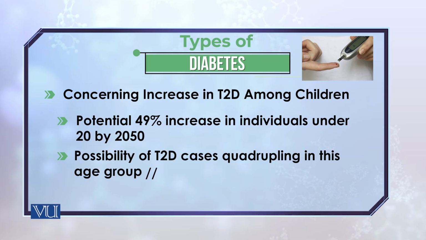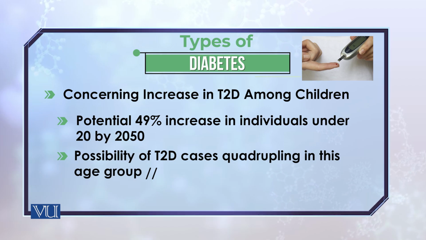A 49% increase has taken place under the age of 20, and this will continue until 2050. It shows that the cases will be quadrupling.